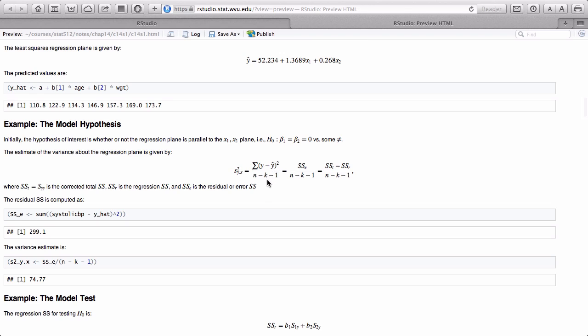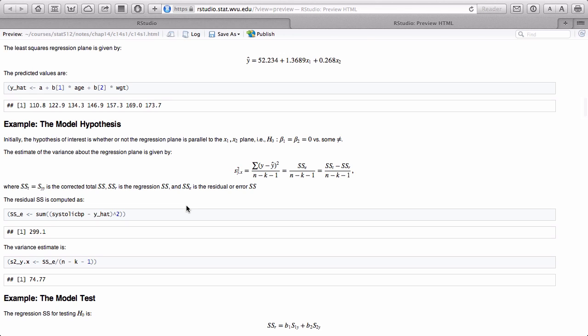So what is the variance about the regression plane? If I take the sum of squares of the residuals and the degrees of freedom, I've actually estimated k plus 1 parameters. If you think of it as the k betas plus the intercept, I have k plus 1 parameters estimated.